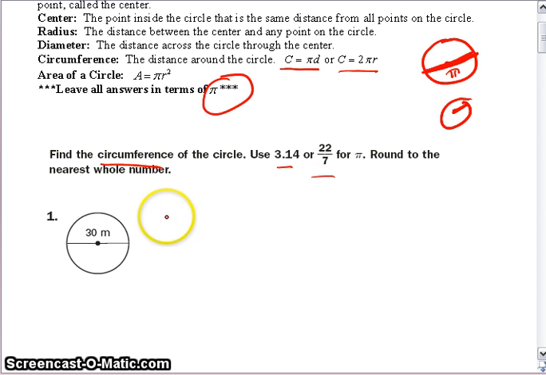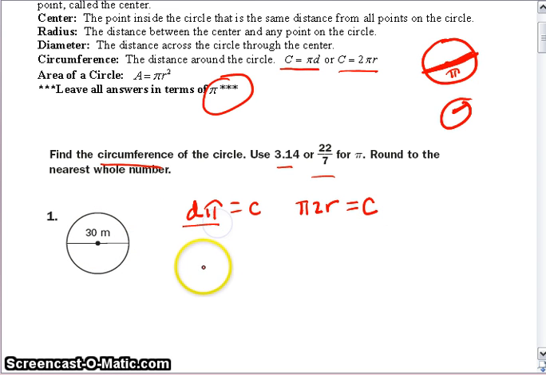So to start, we know that diameter times pi equals circumference, or that pi times 2 radiuses also gives us circumference. For this particular circle, we know the diameter, so we're going to use this formula.